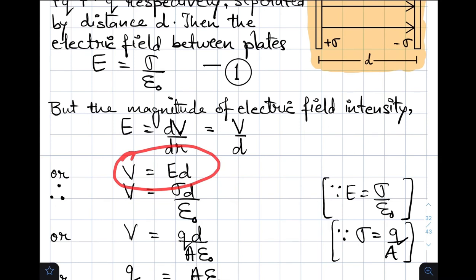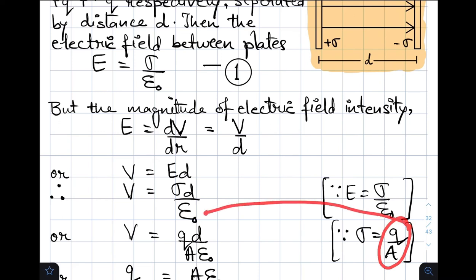Now from equation 1 we have E equals sigma upon epsilon naught, and if I put it here we get V equals sigma d upon epsilon naught. Now if you remember, sigma is equal to Q upon A, charge per unit area.